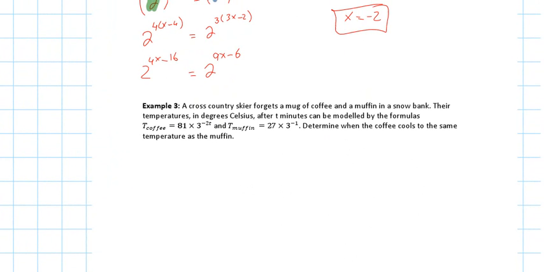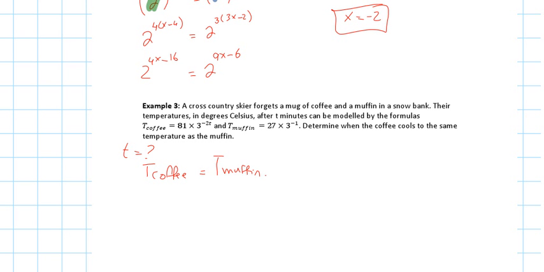So what's the question asking me for? I'm looking for the time. When what? So when the T for the coffee is equal to T for the muffin? You guys agree with that? Okay, so I'm looking for the time, small t, when the T for the coffee is equal to the T of the muffin.